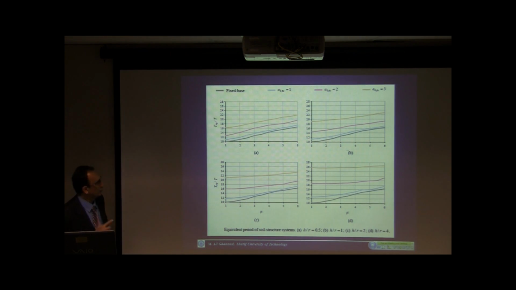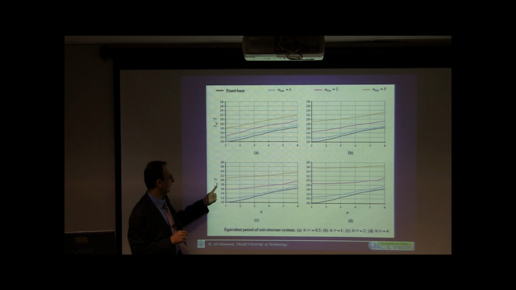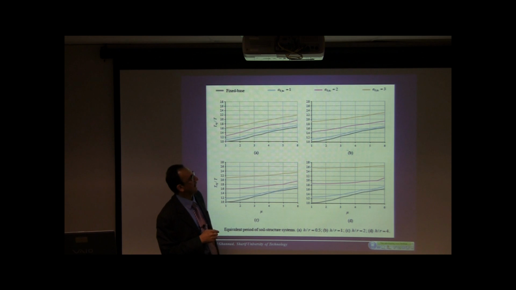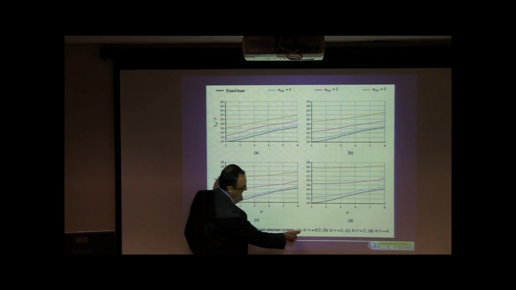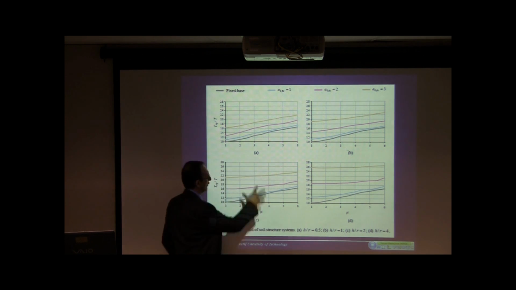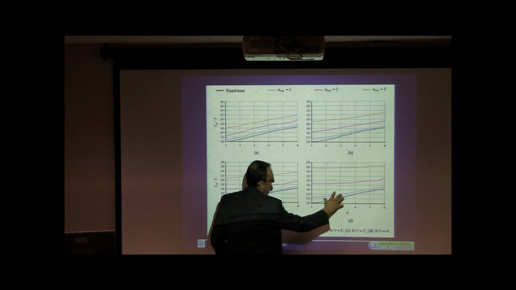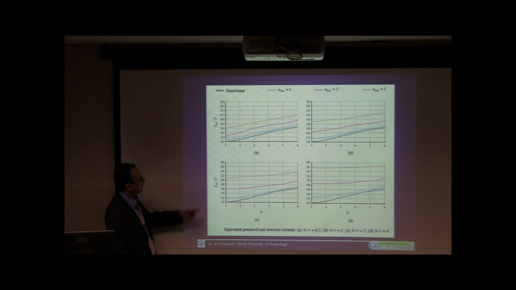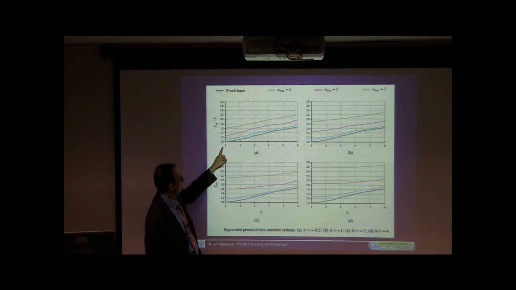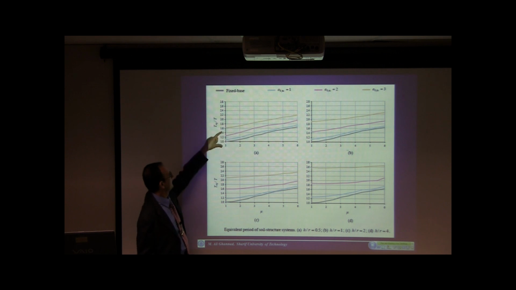These are the results for the change in the T equivalent over T for the soil structure systems. Again, for different values of A0 and for different values of H over R, as written here. This is squatty buildings coming to slender structures. As you can see here, even for the value of ductility 1, which means the elastic case, we have elongation in the period.